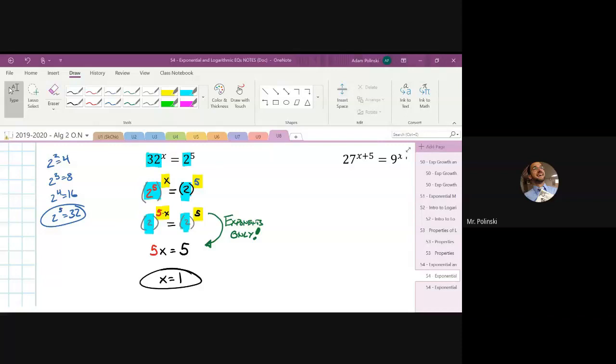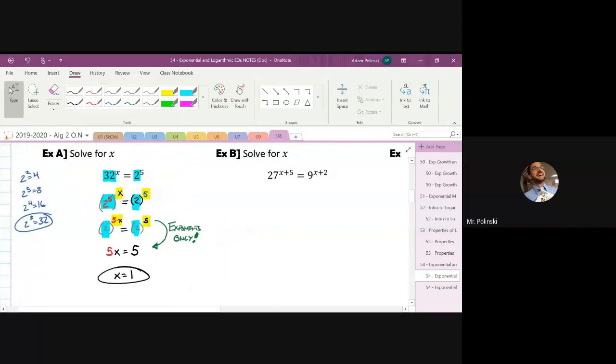Okay. Let's go ahead and look then at the next one. All right, so here, if we're looking at the exponents, we have 27 and 9. What base could I turn 27 and 9 into? Any thoughts?